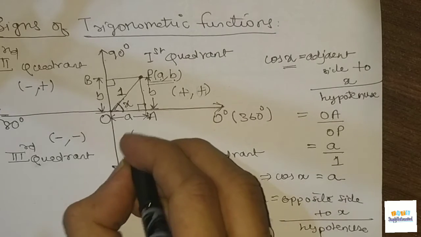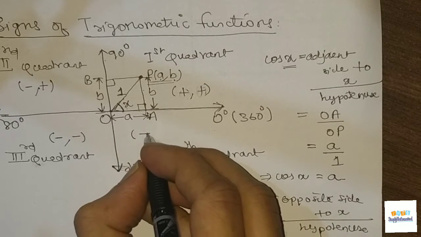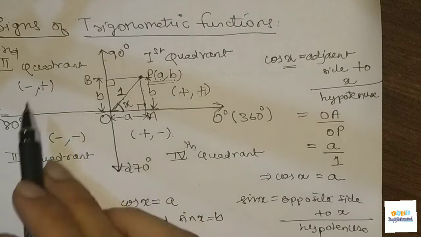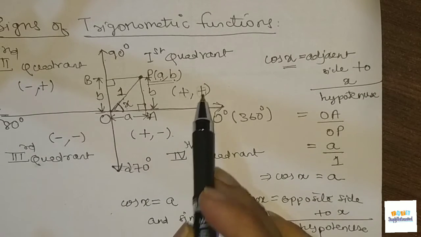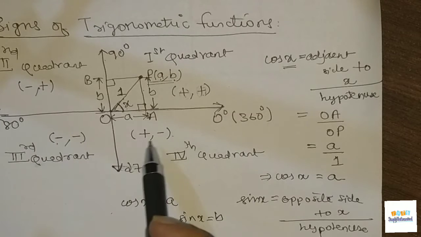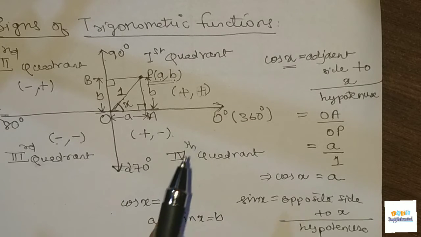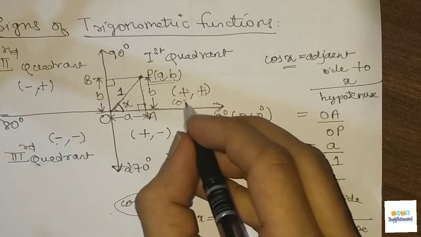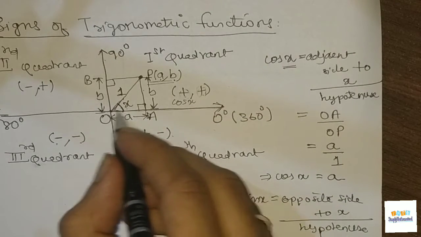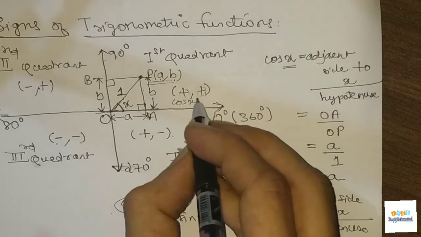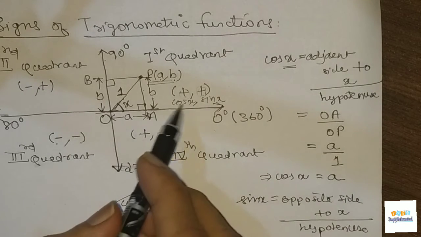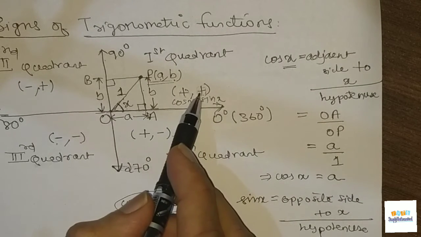In the fourth quadrant, x is positive but y is negative. So you have the signs in this way: plus plus, minus plus, minus minus, plus minus. Since cos x is equal to A, the x coordinate of this point, and sin x is the y coordinate, cos is positive here and sin is positive here.